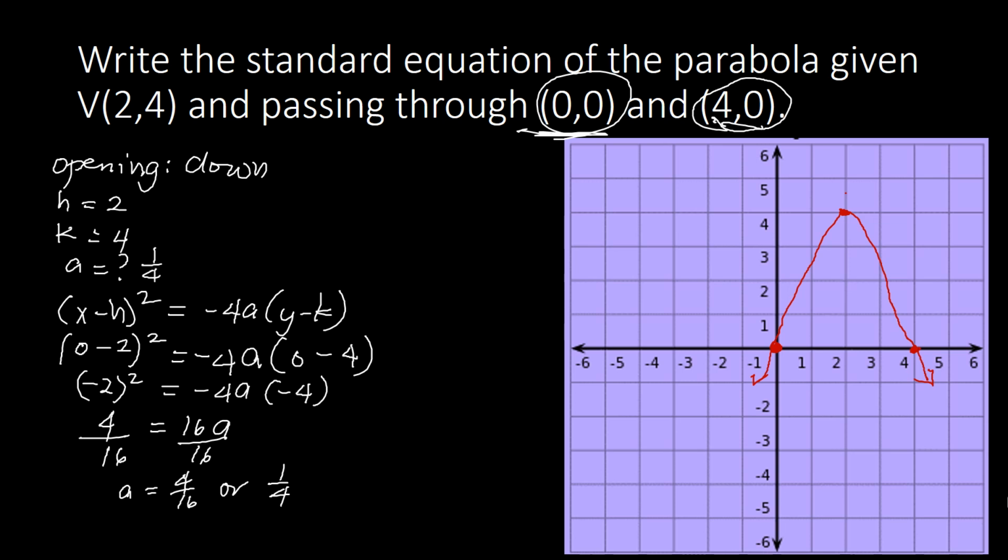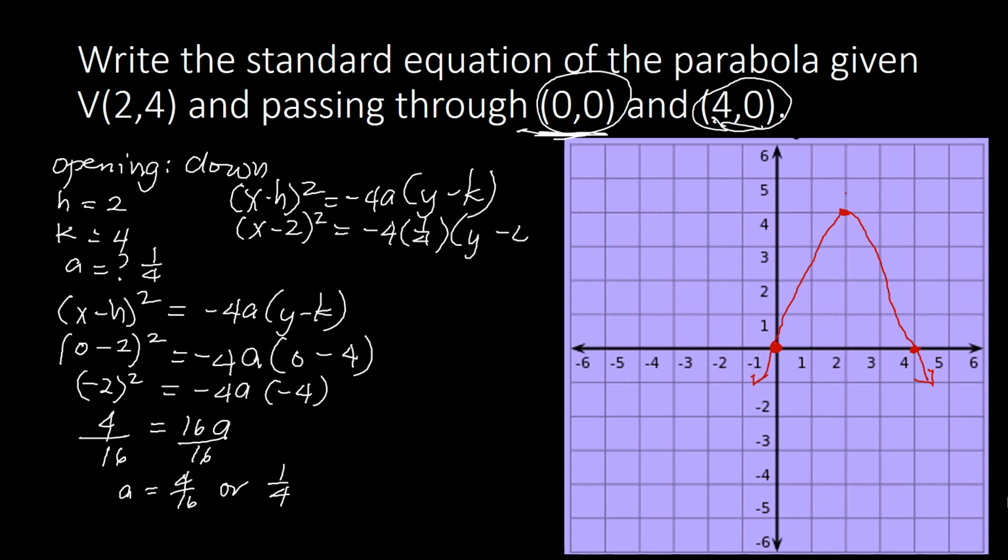So writing now our standard equation. We have x minus h squared equal to negative 4a times y minus k. So replacing our h, k, and a, we have x minus 2 squared equal to negative 4 times 1/4 times y minus our k, which is 4.